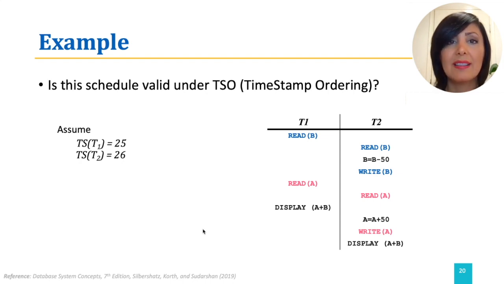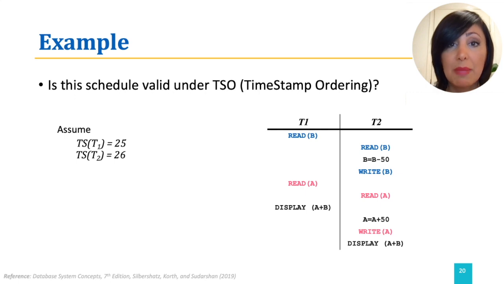We said that a transaction is assigned a timestamp just at its startup time. We assume that the timestamp of T1 is 25 and the timestamp of T2 is 26. The timestamps are only chosen to show the relative earlier start time of T1. Now, let's discuss execution time.